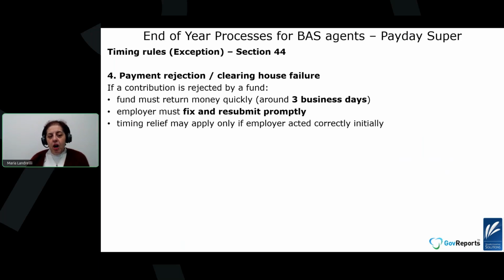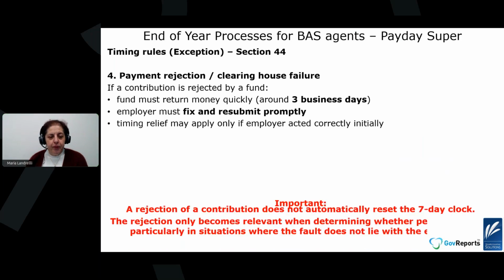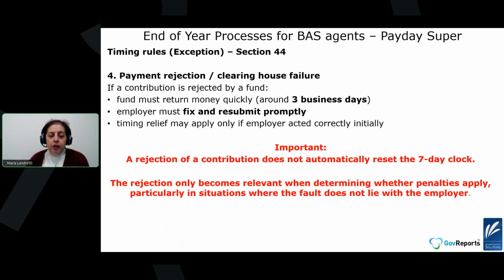So it gives a timing relief for penalties that may be imposed, and I'm going to talk about the penalties shortly, but you've still got to show that you did it as quickly as you possibly could. So an important note is that a rejection does not automatically reset the 7-day clock. As I said, it only applies to whether the ATO applies penalties, where the fault does not lie with the employer themselves.